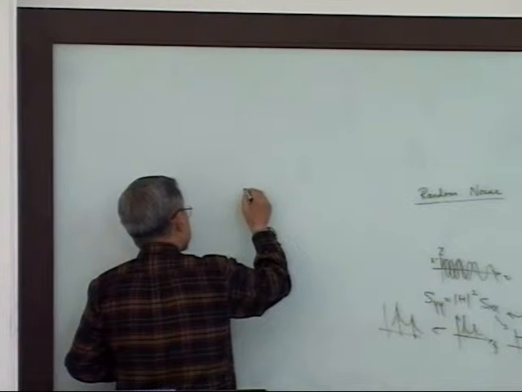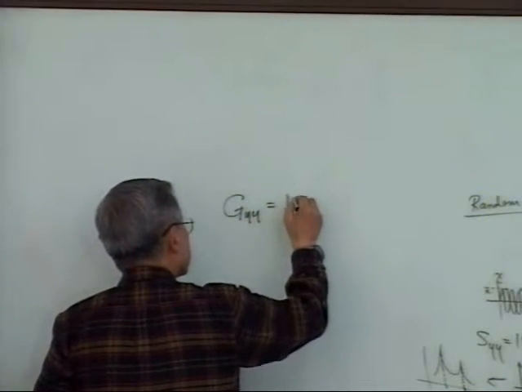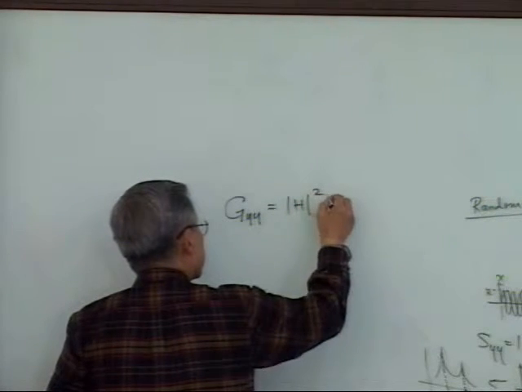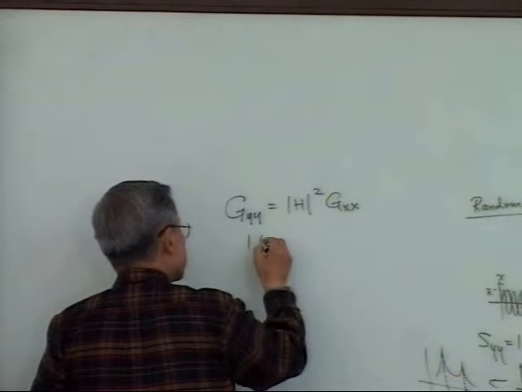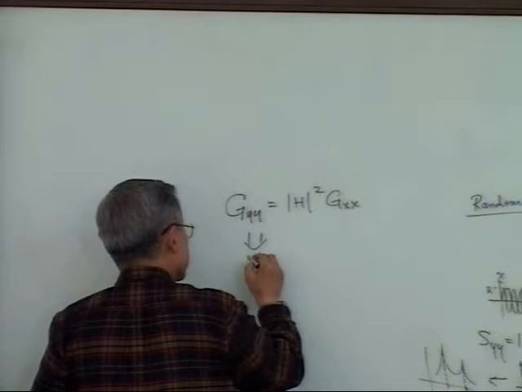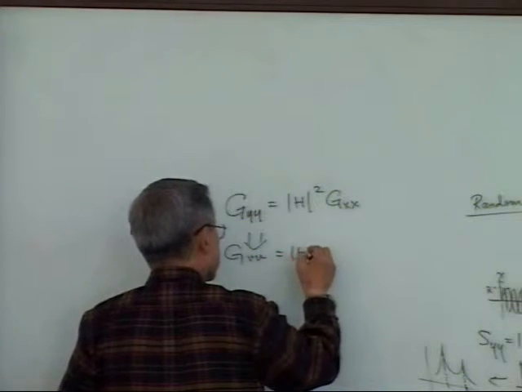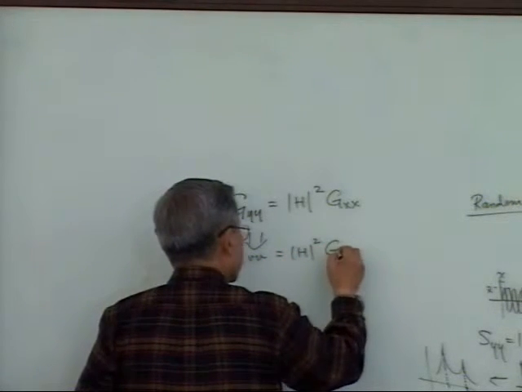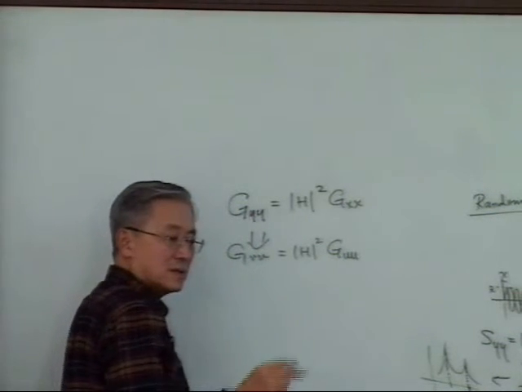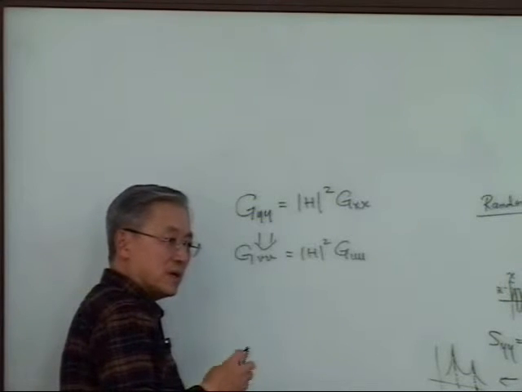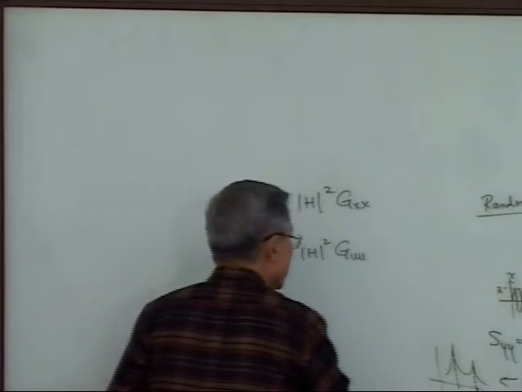I said GYY is equal to H square GXX. What you're saying is this should be GVV is equal to H square GUU. Correct? True, right? My answer is yes, but it depends. I'll show you how.